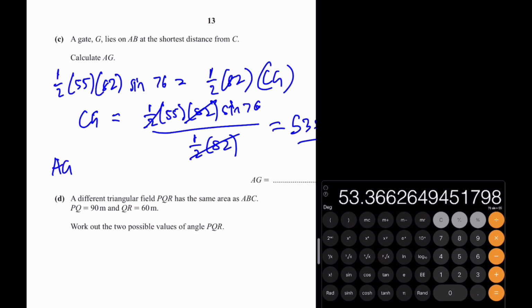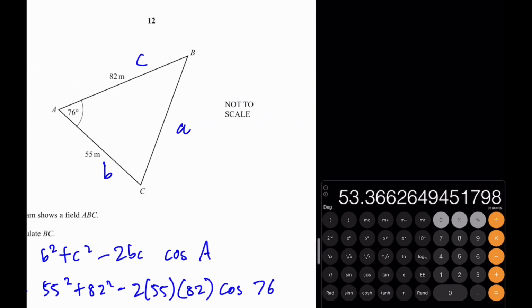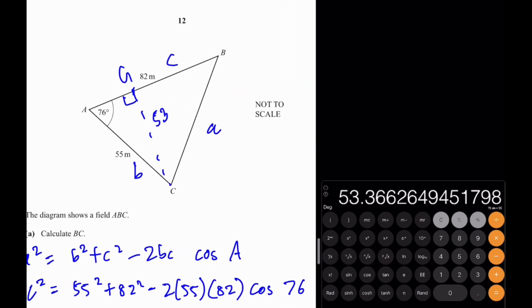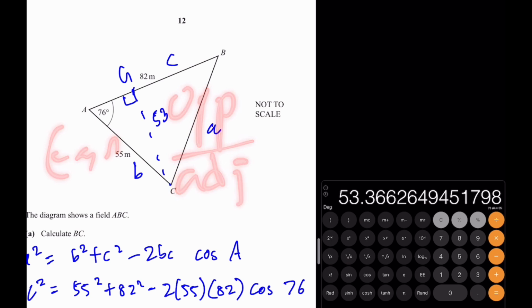Now AG, we need to find. And we have a right angle triangle here with G over here, and this angle we know is 76. We know that CG is 53, and therefore we can find AG using the tan formula. We know that this is the angle which we're using, so this is the opposite, which is CG, and AG is the adjacent. So opposite by adjacent is tan of this angle, right? Tan 76.